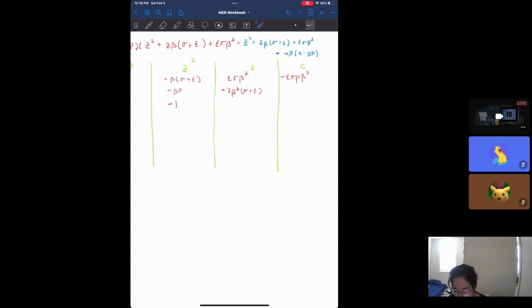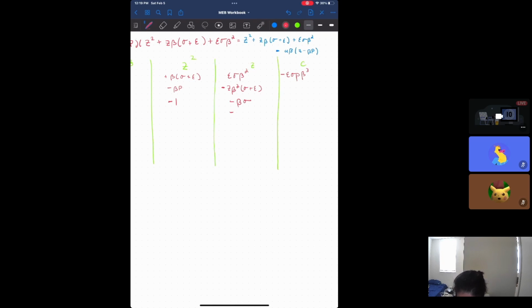That's a z expression, but it's negative because it's positive on the right side. So we'll put it negative beta sigma. z times beta times epsilon. That is a z expression. Negative beta epsilon.